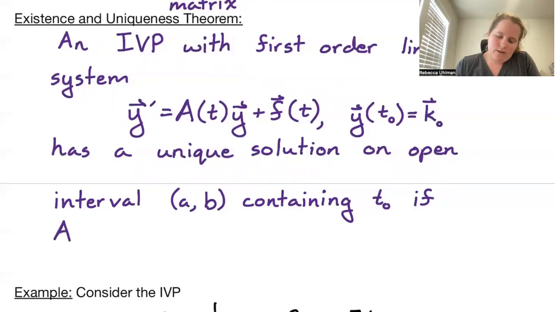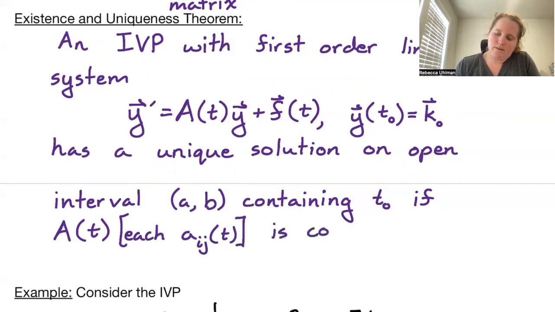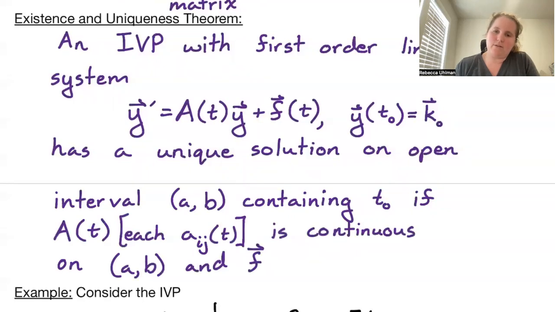So if A of t is a matrix, or in other words, each a sub ij of t is continuous on (a, b), and our vector f of t is also continuous on (a, b).